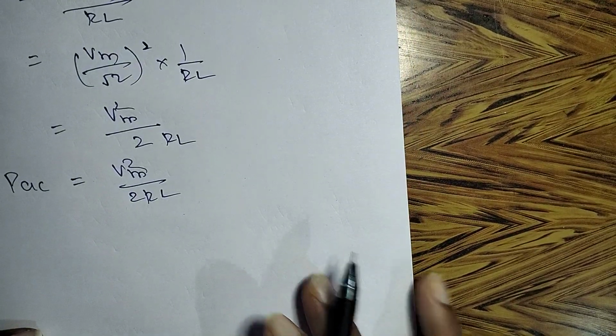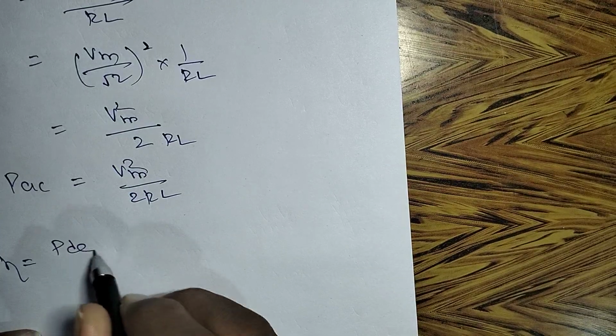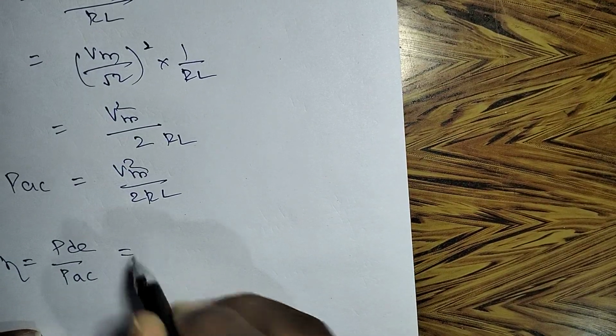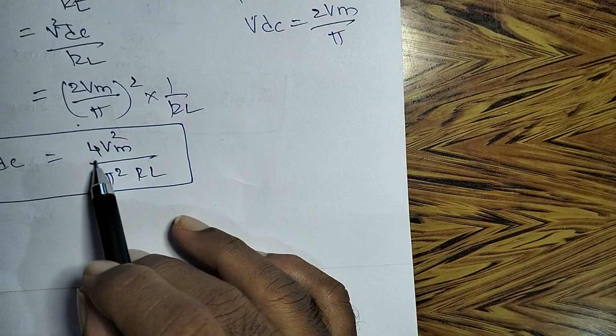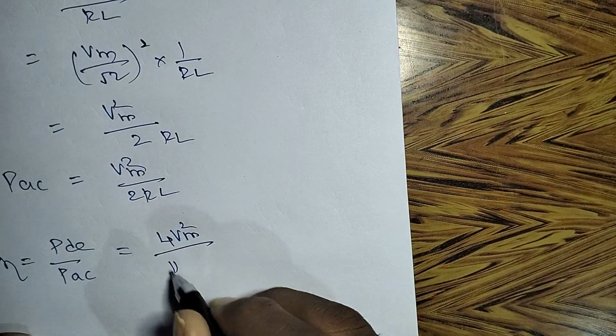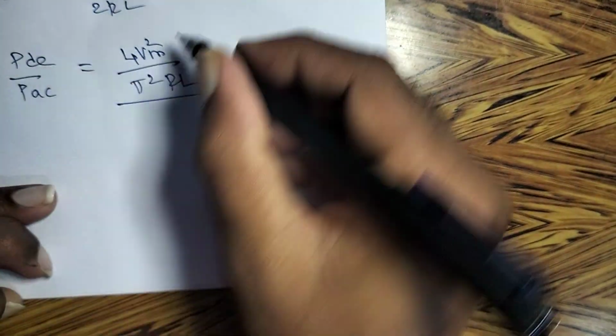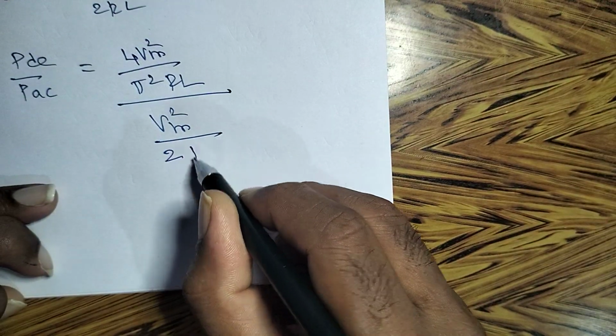Now we have the values of PDC as well as PAC. Let's calculate efficiency. Efficiency is nothing but PDC by PAC. PDC is the expression 4 Vm square by pi square RL, divided by PAC, the expression Vm square by 2 RL.